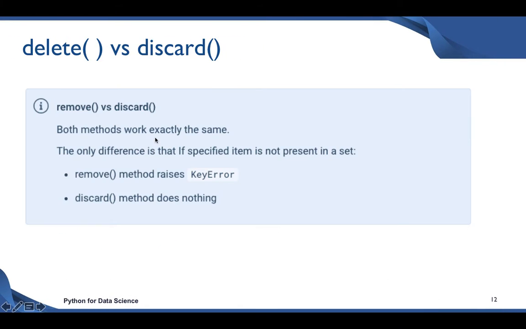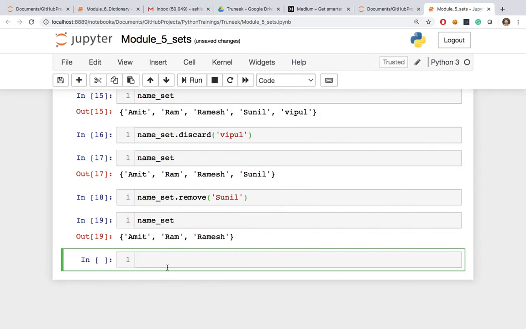The only difference between remove versus discard is this: both the methods work exactly the same. The only difference is that if the specified item is not present in the set, the remove method will give us a key error, but discard does not return anything. Let us see.